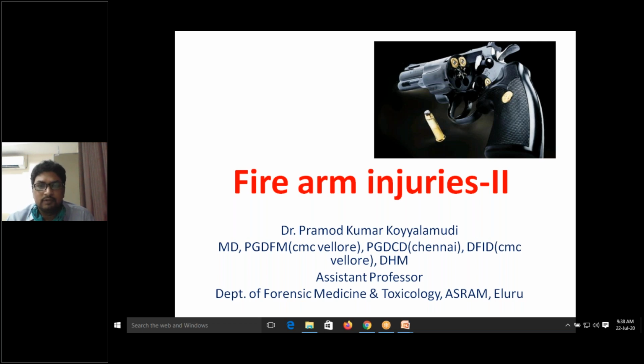Then we have different types of rifled firearms, and between rifled and smoothbore, rifled is the more lethal weapon.